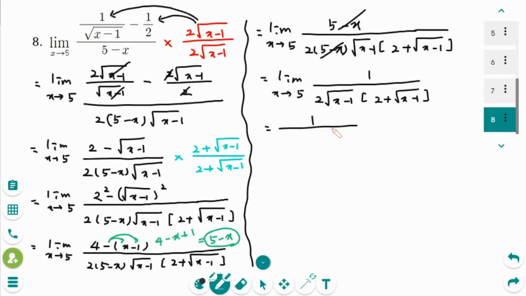So 1 over 2 times √(5−1), which is 4 (that's 2), times 2 plus √(5−1), which is another 2. So 1 over 2 times 2, which is 4, times 2 + 2, another 4. So the answer is 1 over 16.